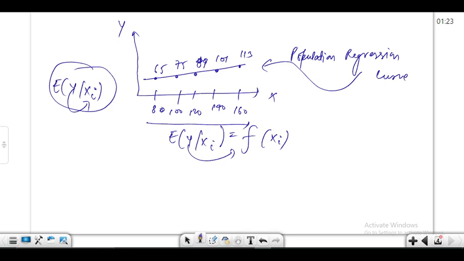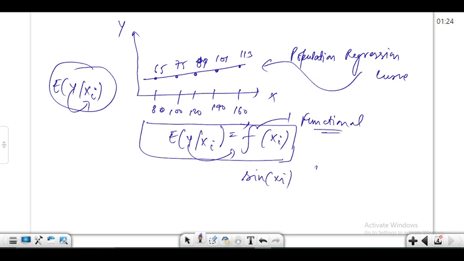This is a condition that we know now, but we don't know the functional form. What sort of function is this? Might it be sine of xi, or cos of xi, or e to the power xi? It is some functional form, but I'm not aware of the kind of functional form this dependence has.